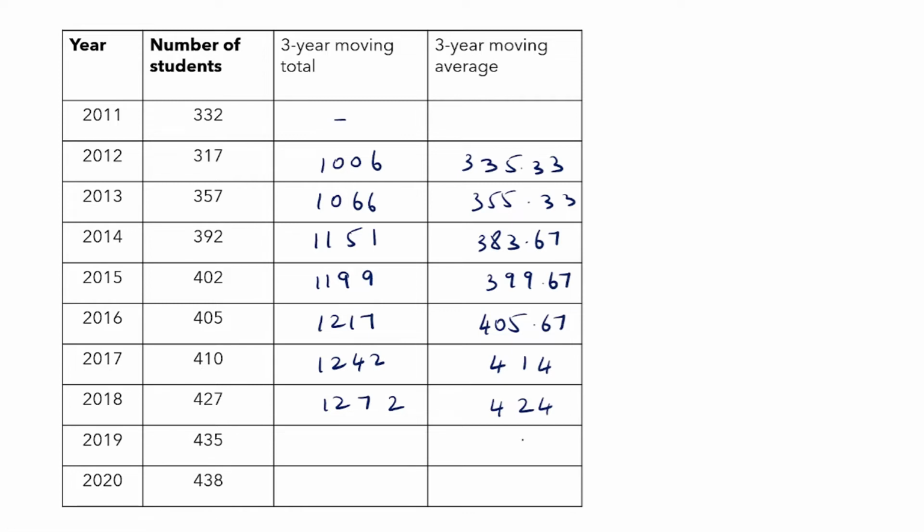The sum of these three is 1300 divided by 3 is 433.33. So these are the 3-year moving total and 3-year moving average. Finding 3-year moving total carries 1 mark and 3-year moving average carries 1 mark.